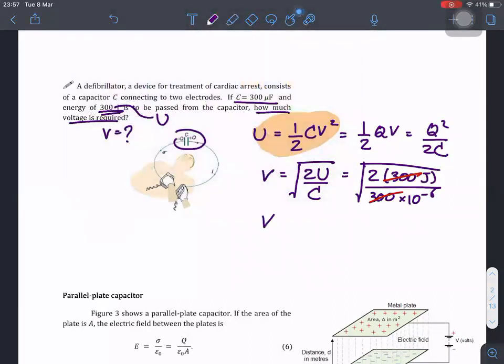What I have here would be something like 1,400 volt. So this is the voltage that we actually use for rescuing the patient with the cardiac arrest.